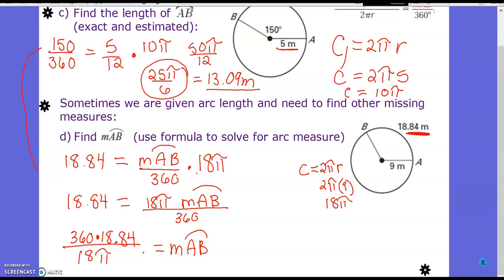When I put that into my calculator, I get an approximation of 119.94. And I would put that with degrees since this is an arc measure.